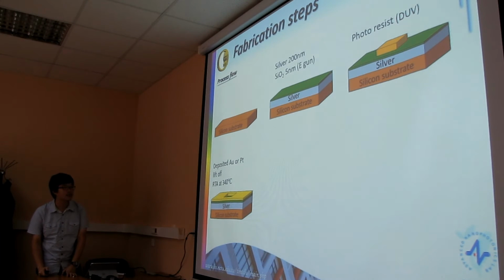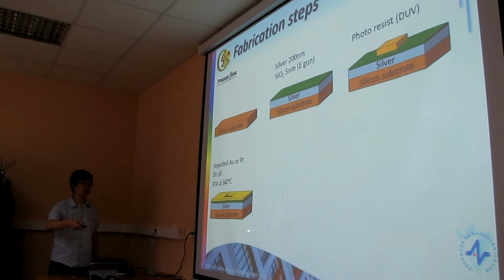What is the size of this rectangular hole on your gold or platinum? It's about 100 micrometers. And you believe that only one nanowire will be deposited in this hole? Okay, first of all, we pattern the sample, and then we drop cast our zinc oxide nanowires onto the surface.